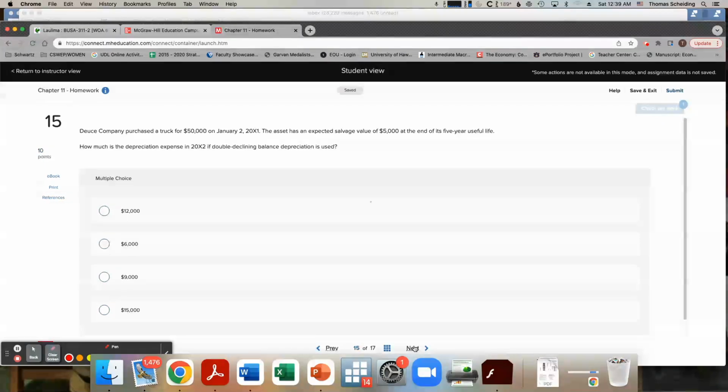Okay. Deuce Company is purchasing a truck. Purchased a truck for $50,000 on January 2nd, 20x1, with an expected salvage value of $5,000 at the end of its 5-year useful life. Man, that truck's being abused.